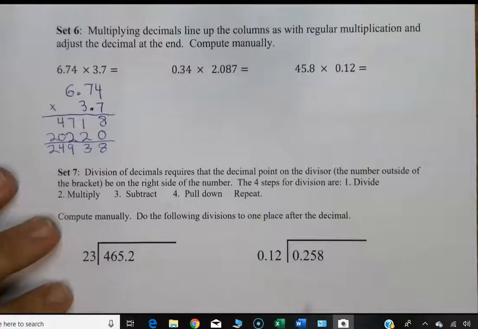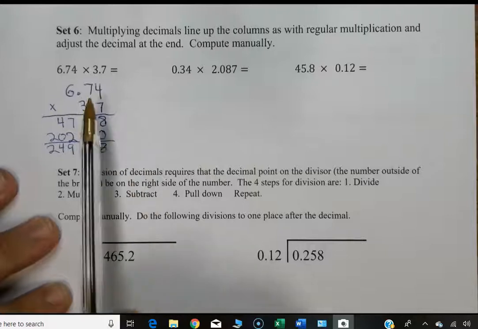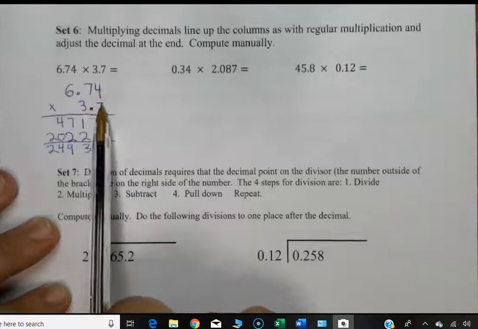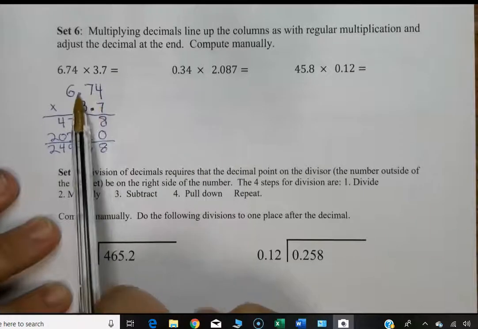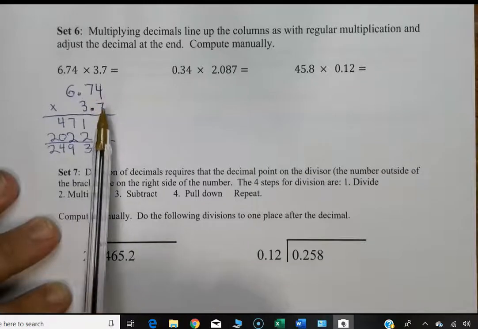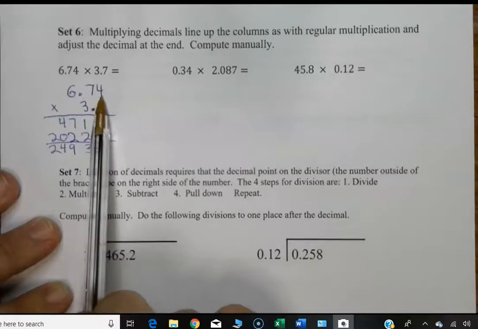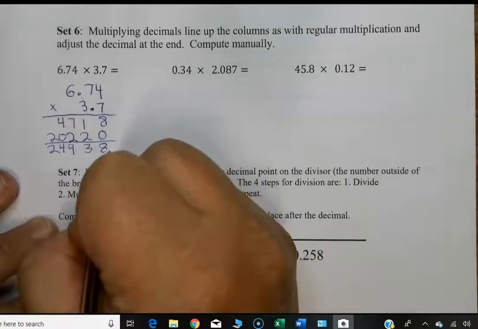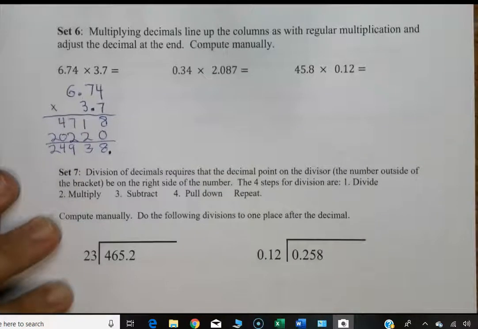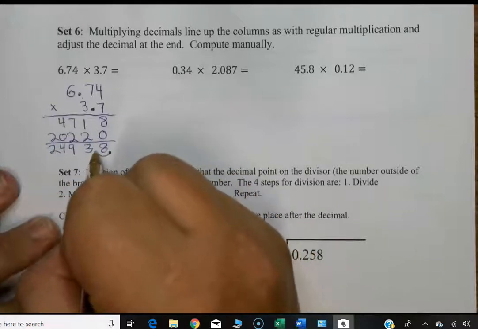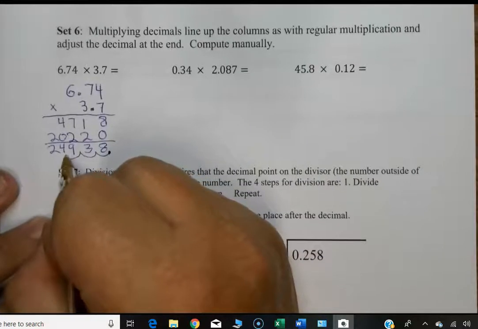So how do you deal with the decimal? You count how many digits in your multiplicands here are to the right of the decimal point. So here we have 1, 2, and down here we have a third one. 1, 2, 3. So what you do is you start over here, and you put the decimal way over on the right, as far right as you can, and you come back 1, 2, 3 places.